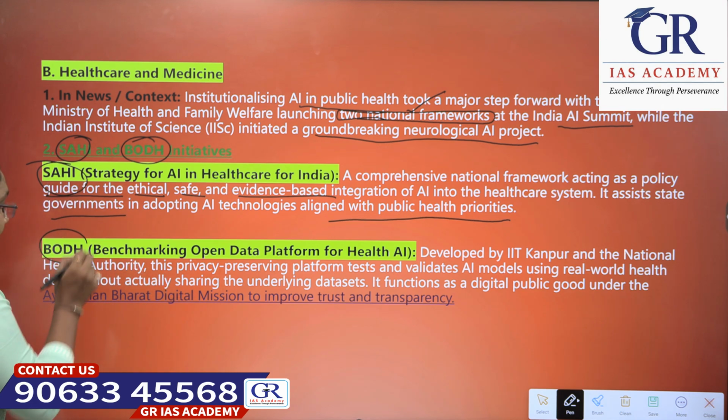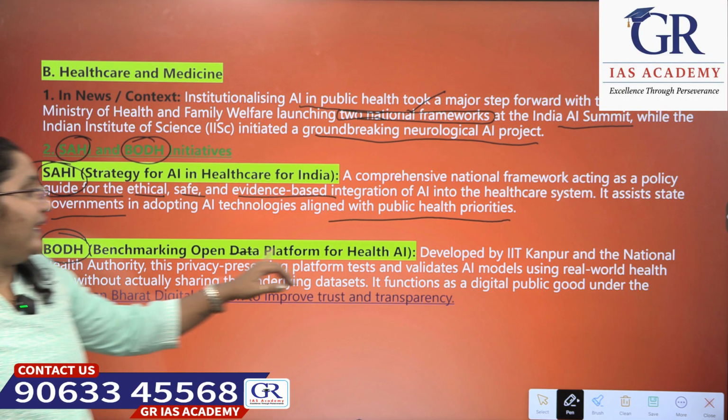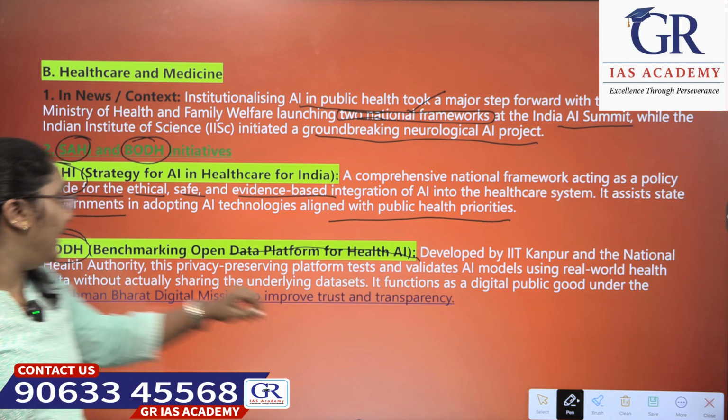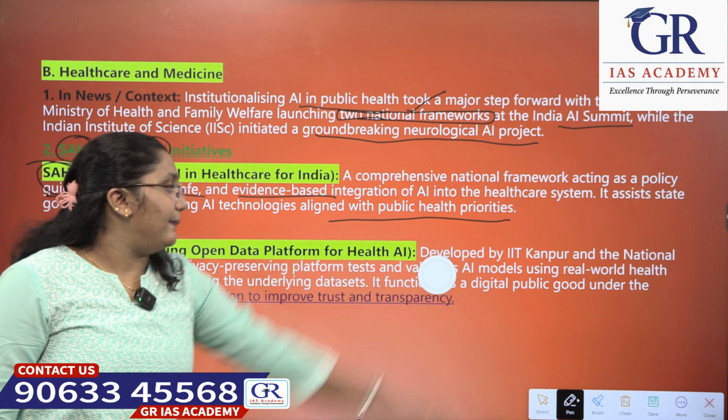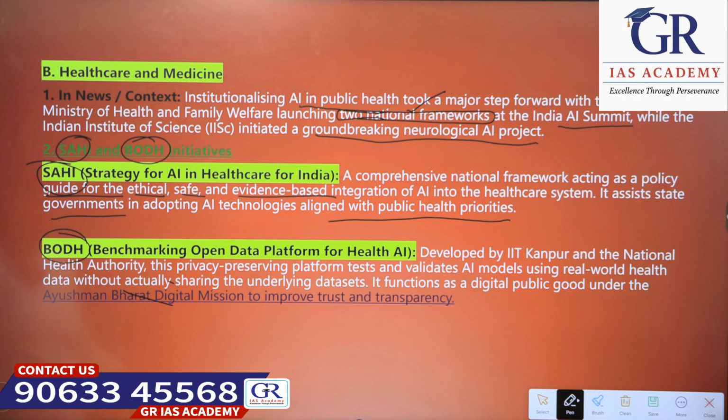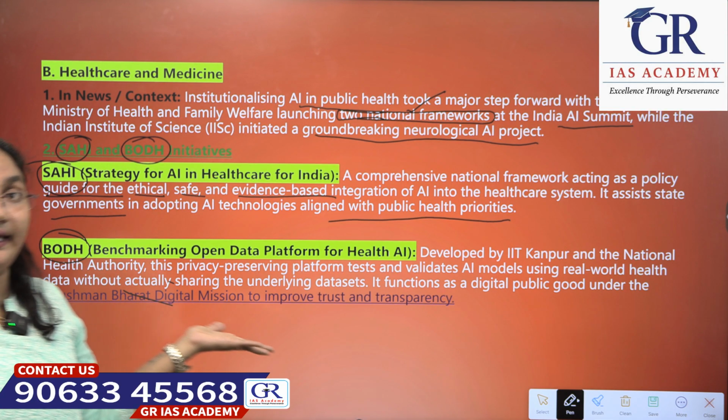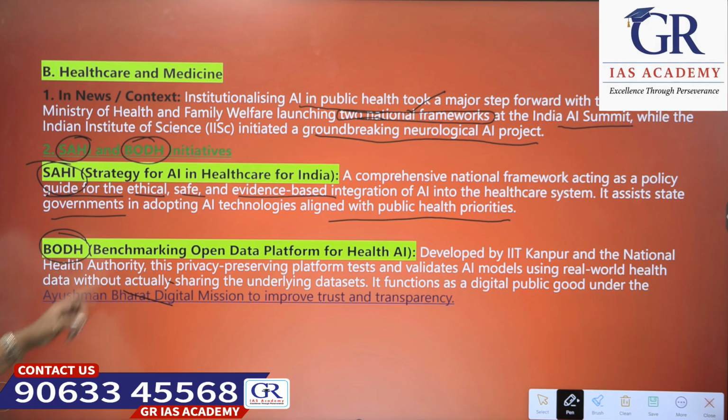Next is Bodh. Bodh is the Benchmarking Open Data platform for Health AI. It is developed by IIT Kanpur and the National Health Authority.